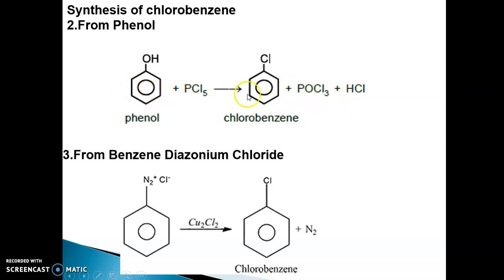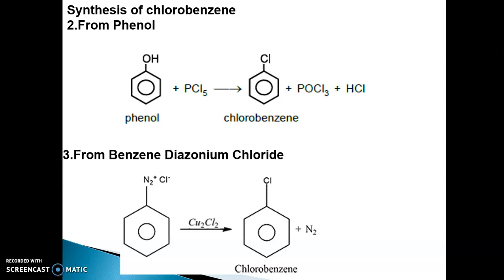Any alcohol on reaction with PCl5 gives the corresponding alkyl halide, so this is the same reaction. This is the second preparation method for chlorobenzene.